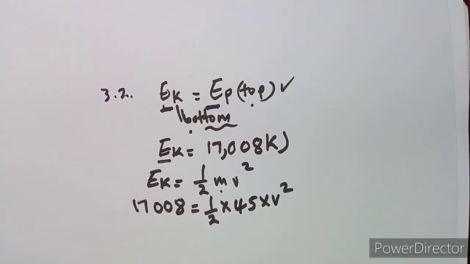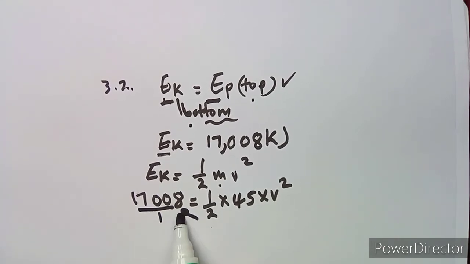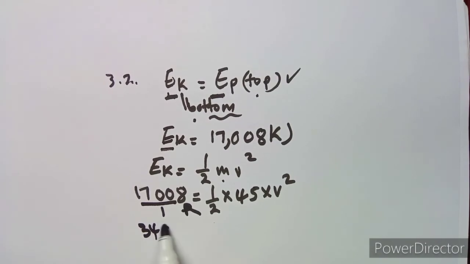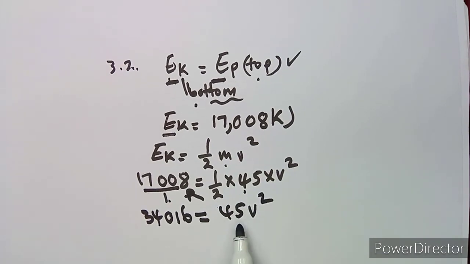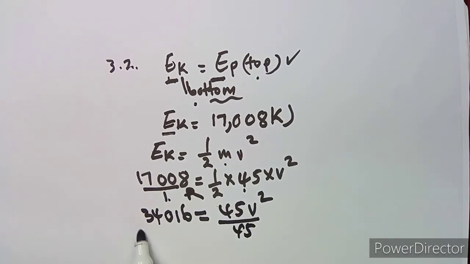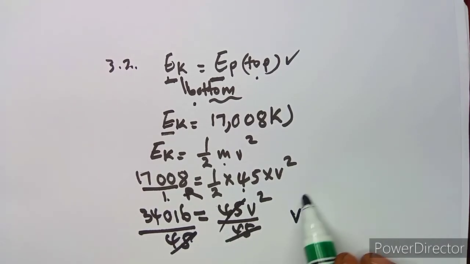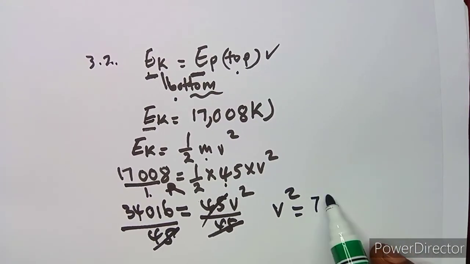You can cross multiply: 17,008 times 2 gives 34,016, which is equivalent to 45 v squared. Then you divide by 45, and you're going to have v squared.